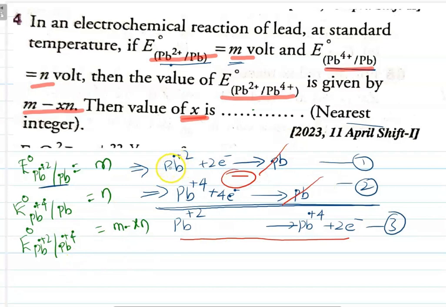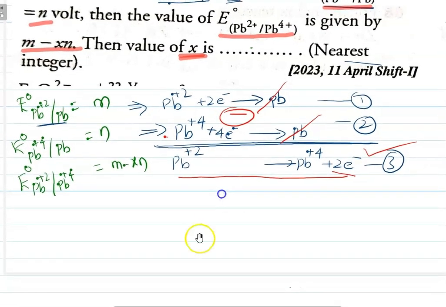You will get Pb plus 2, again 2 electrons minus 4 electrons, you will get minus 2 electrons at this side, but we are sending them to the other side, plus 2 electrons. Again minus Pb plus 4, you will send Pb plus 4 to the other side, and you will get Pb plus 2. Yes, you will get the third equation by subtracting the first equation from the second. So third equation is equal to second equation minus first equation.